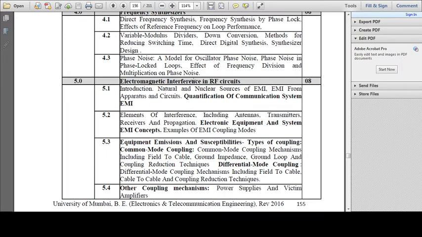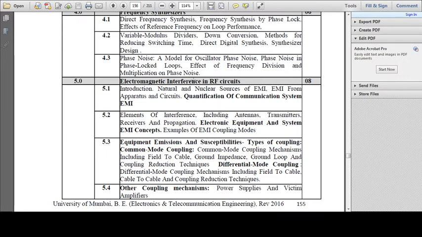In this module we introduce natural and nuclear sources of electromagnetic interference, then electromagnetic interference from apparatus and circuits, then quantification of communication system electromagnetic interference, elements of interference including antenna, transmitter, receiver and propagation, electronic equipment and system electromagnetic interference concepts, and examples of electromagnetic interference coupling modes.